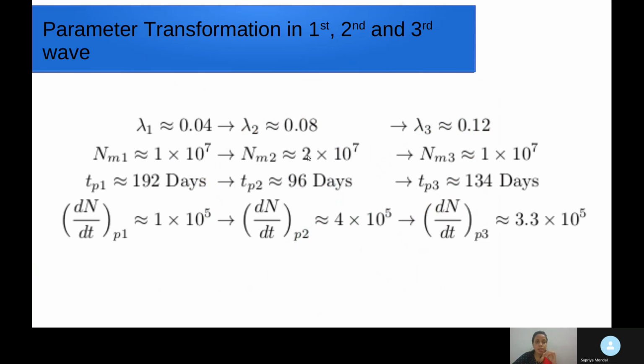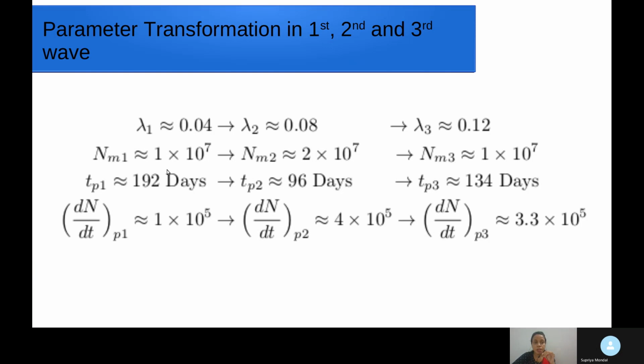Here in this slide, we get the approximate value of the parameters individually. For COVID-19, lambda was approximately 0.04, whereas it was just twice that for the Delta virus, 0.08, and thrice for Omicron, 0.12.